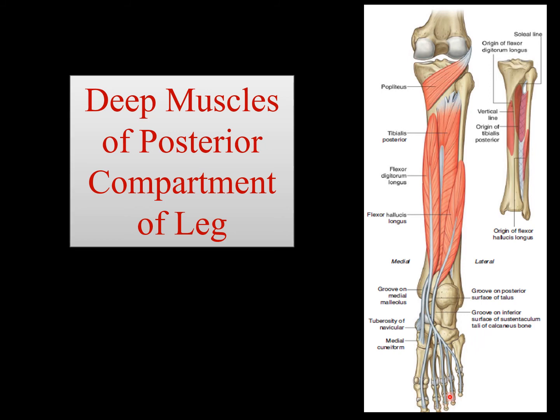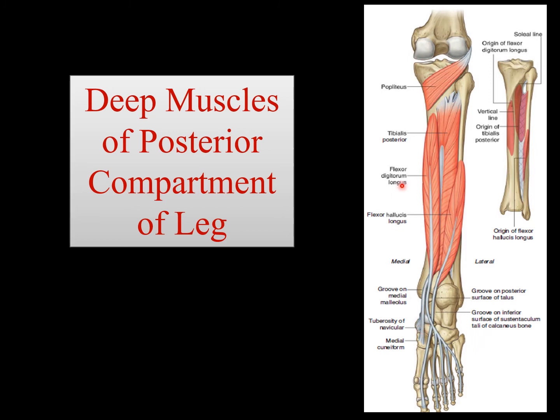So hallucis longus as well as flexor digitorum longus go to the distal phalanges of the corresponding digits. And tibialis posterior, as you can see, runs further down and is attached mainly to the tuberosity of the navicular bone, and from here small tendinous slips move to attach to the other bones.